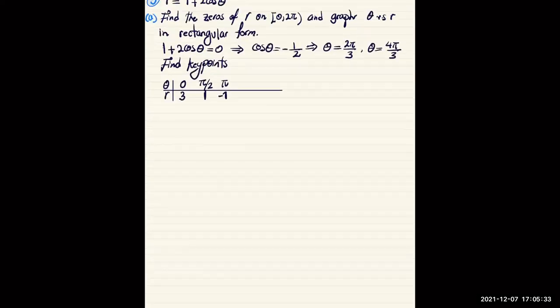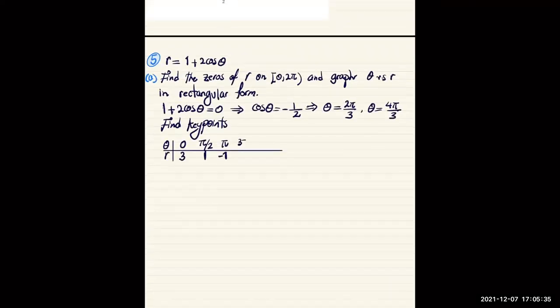And 3 pi over 2: cosine of 3 pi over 2 is 0, so we get 1. And take 2 pi, you go back to 3. We get the max, mins, and some values in between. I call the key points 0, pi over 2, pi, 3 pi over 2, and 2 pi.